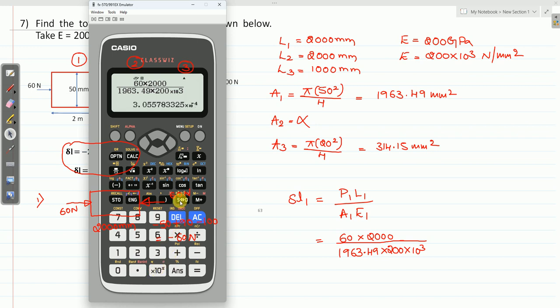So delta L you will get, here it is delta L1, 3.055 into 10 raised to minus 4 millimeters. So this is delta L1, elongation for section 1.